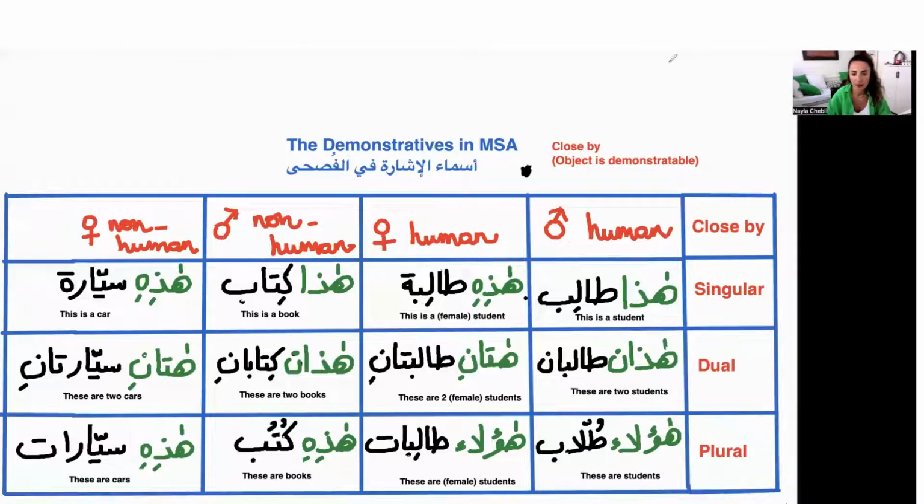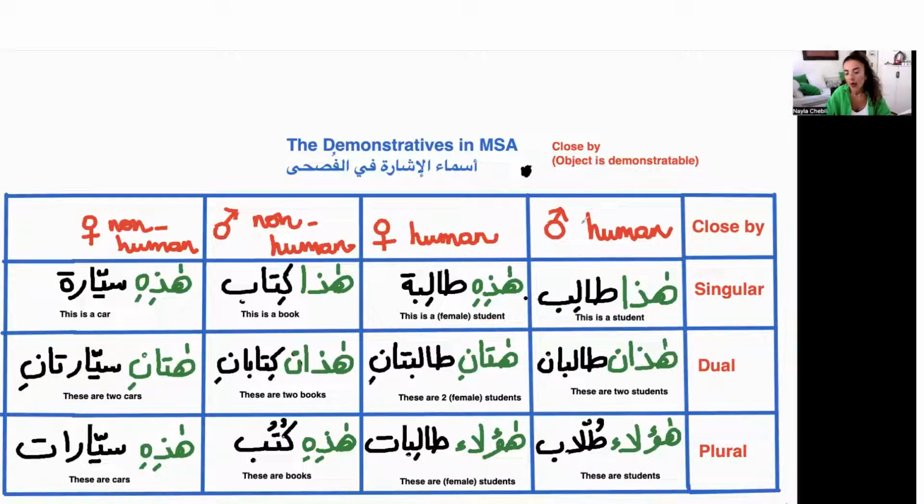Okay, let's move on now to أسماء الإشارة, the demonstratives. We'll start first with the demonstratives that are close by. So we are able to demonstrate them, we can see them, and they're within reach. Okay, we have, as I told you, the gender is important.